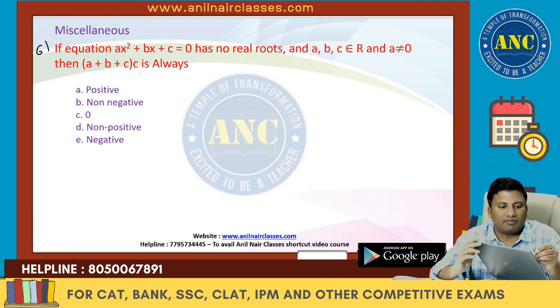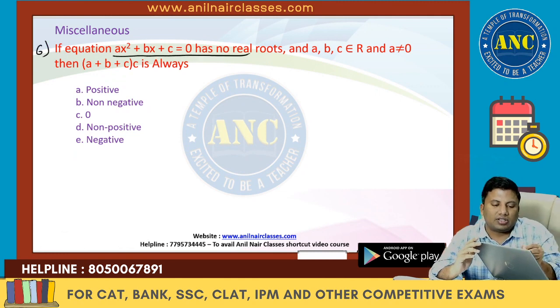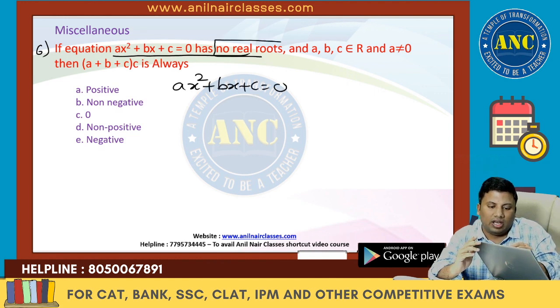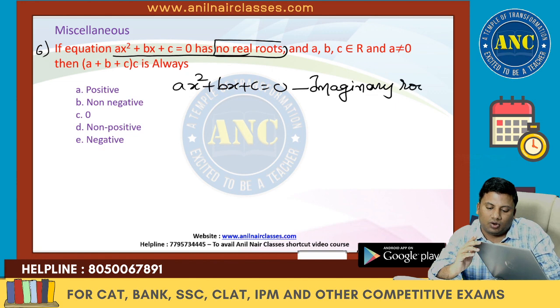Sixth question: if the equation ax square plus bx plus c has no real roots, that means it has imaginary roots. If it has imaginary roots, D is less than 0.